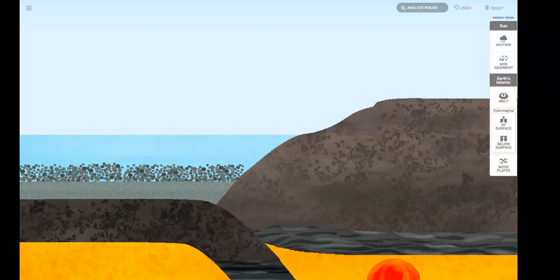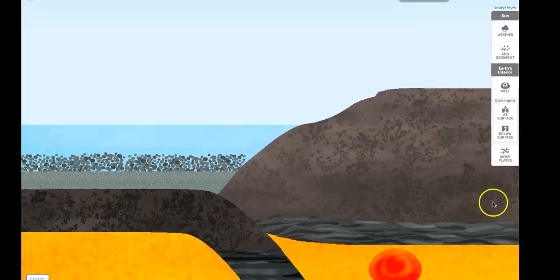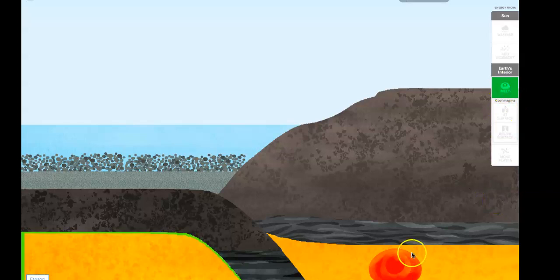So we know we need to melt some magma. Okay, let's melt some magma. Here's the area we're going to do it. And we're going to cool it, let's say below the surface.